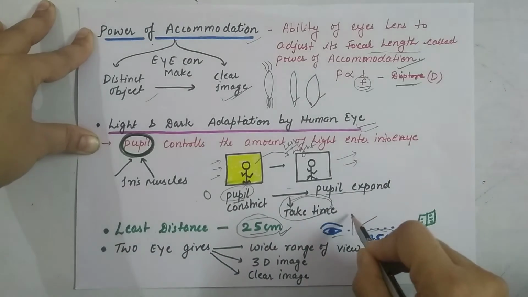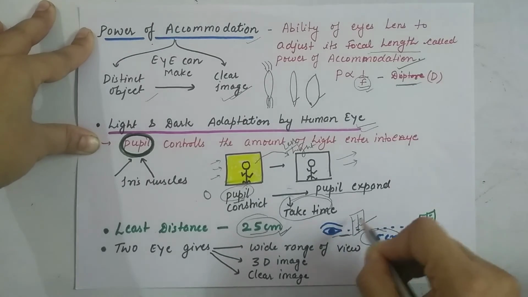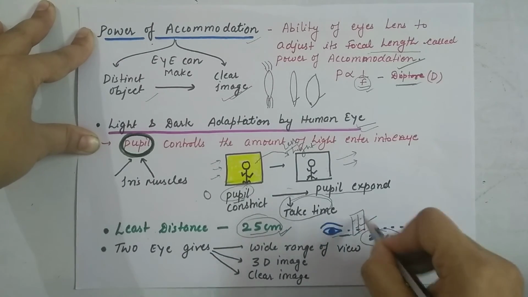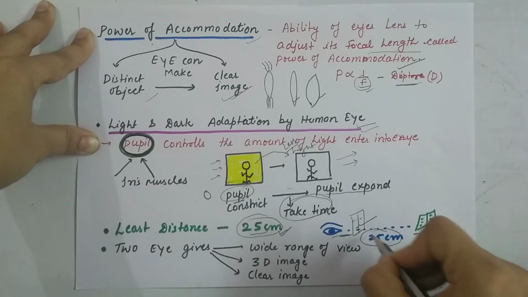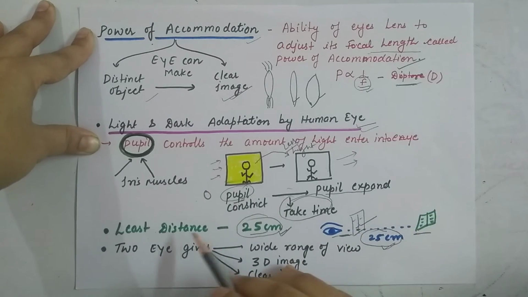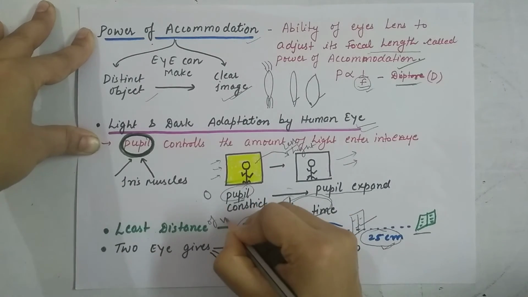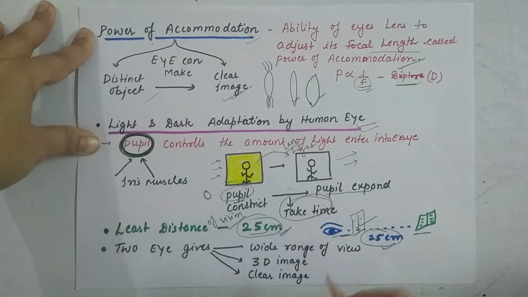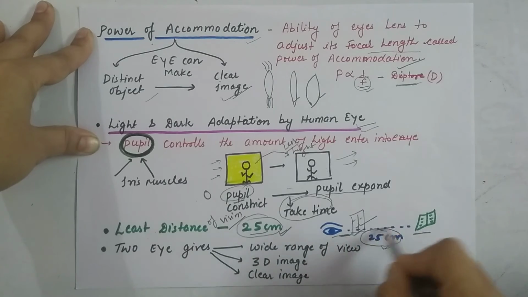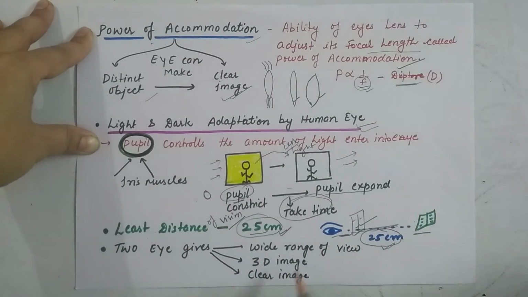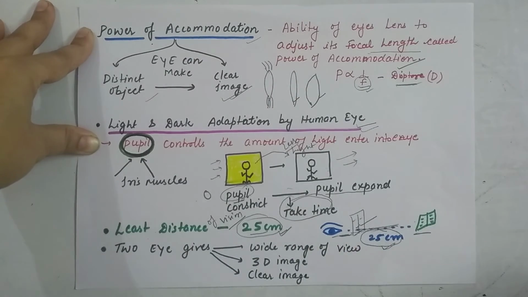Otherwise, if you put a book very close to your eye, you are not able to see properly what is written. That distance, at least 25 centimeters, is called the least distance of vision. It is required to see any object properly or clearly.